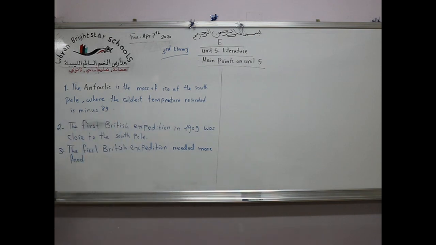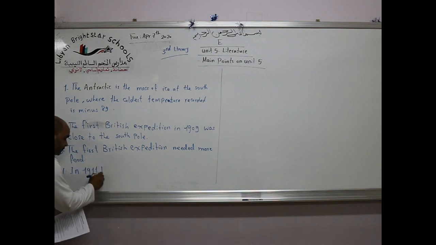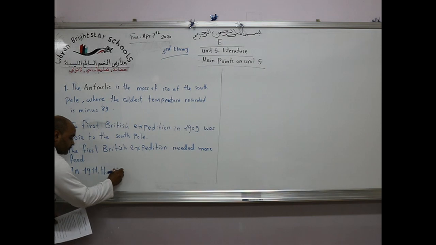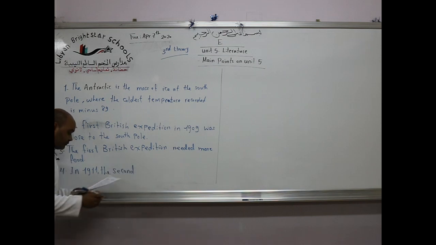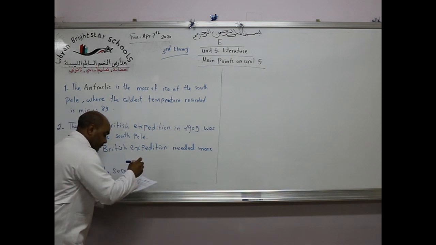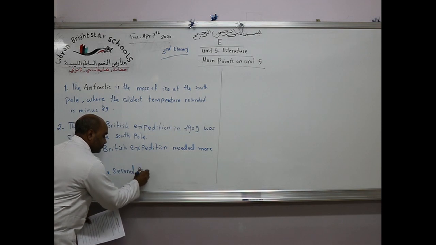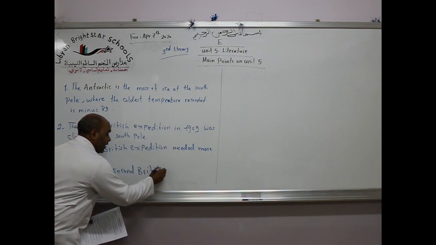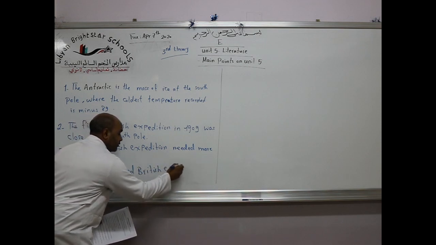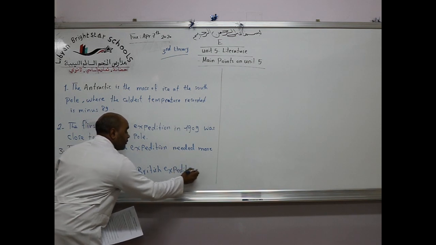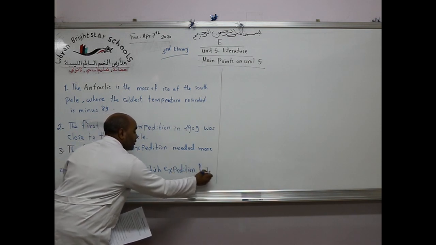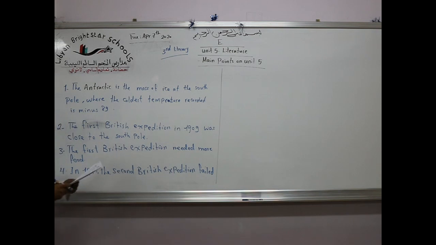Okay, and number 4, we can say that in 1911 the second British expedition failed. Why?